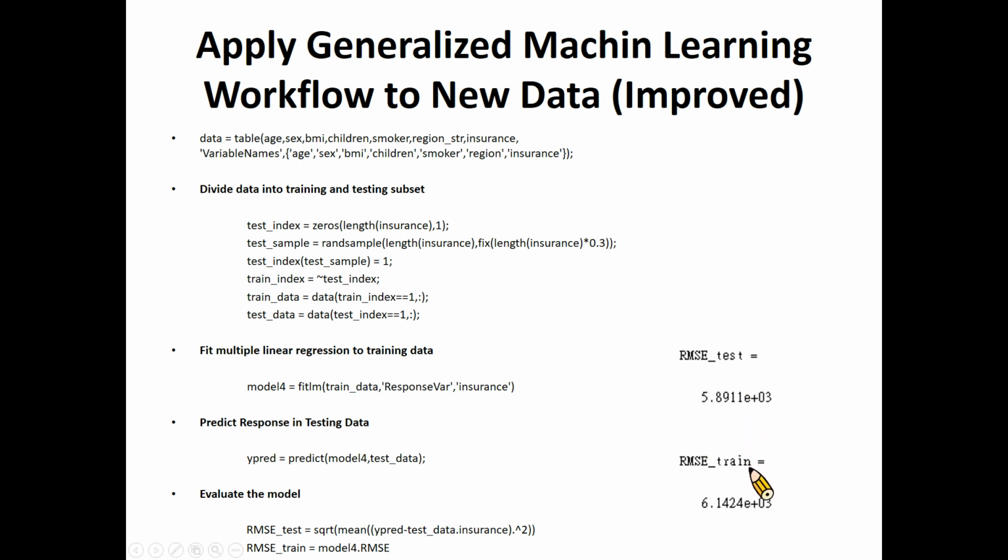But it's comparable: you can see that for the training model the error is around $614, but in the testing it's even smaller, $589. That is comparable with the model where we used the numerical format, and the error is also much smaller than in a simple linear regression.